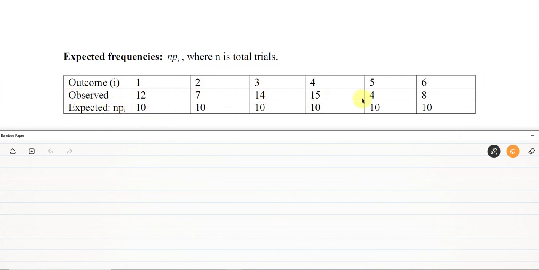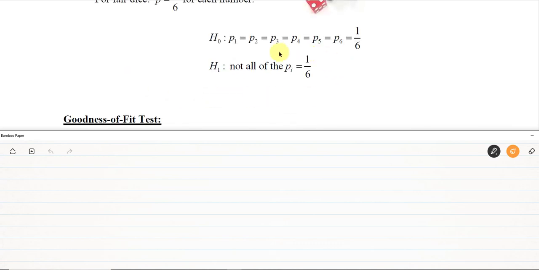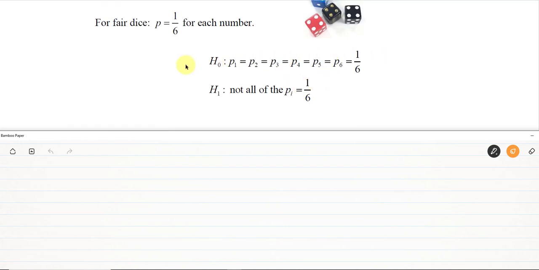For example, I am looking for the expected value of the sample here. The second row we just saw had the observed values for the numbers 1, 2, 3, 4, 5, and 6. Pi is 1 over 6 in this case, because pi is the probability of getting any of the numbers if we assume that the null hypothesis is true, which is 1 over 6.